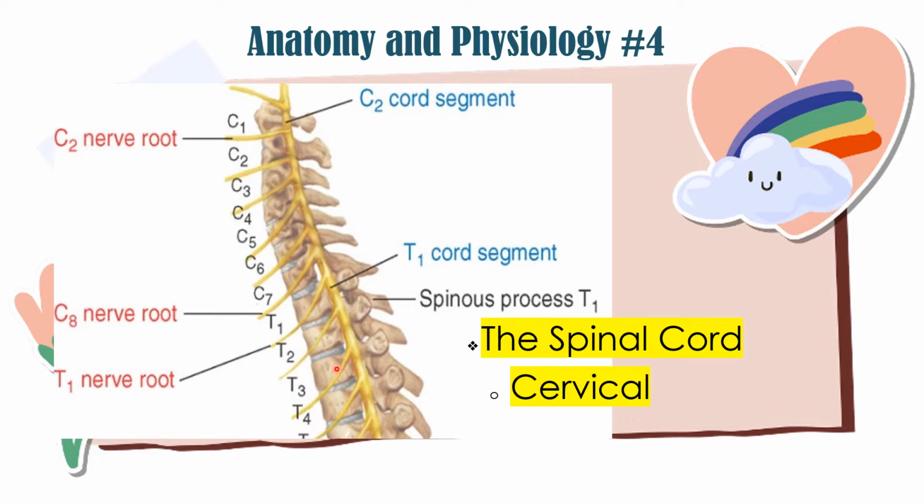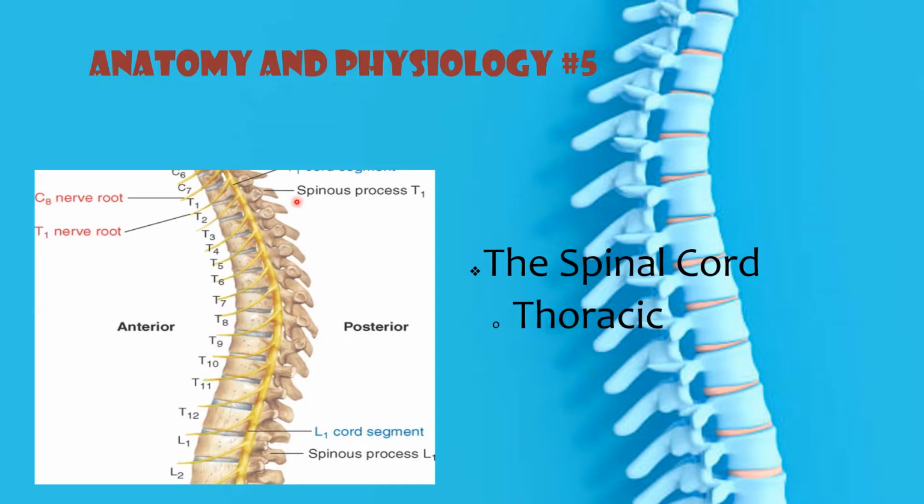This cord provides a series of segmental relays with the periphery, serving as a conduit for information flow to and from the brain. The motor and sensory nerve pathways relay neural signals that enter and exit the cord through the posterior and the anterior nerve roots, through the spinal and the peripheral nerves.